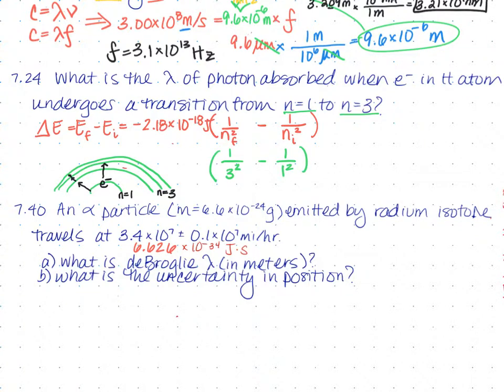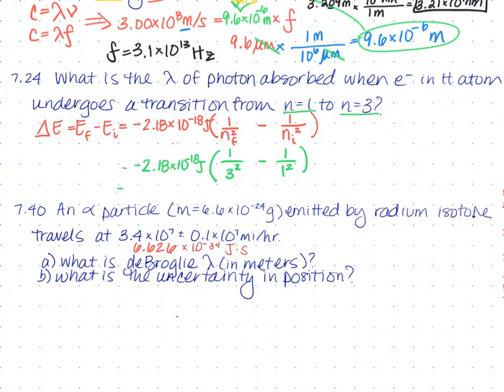This is going to give me the energy change of the electron, and it's also going to give me the energy of the photon that was absorbed. I'm going to apply negative 2.18 times 10 to the negative 18 joules.